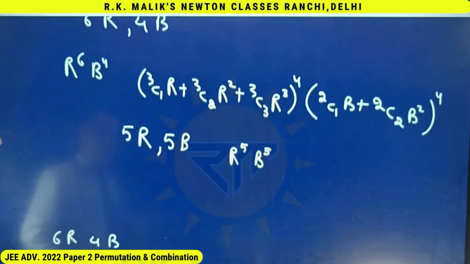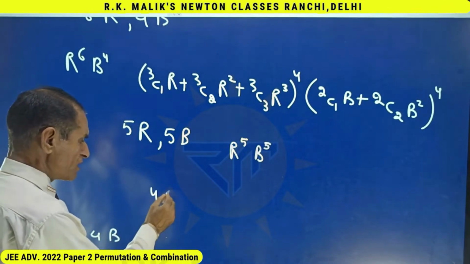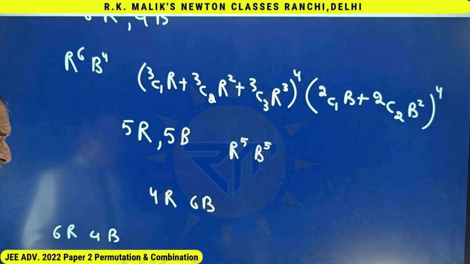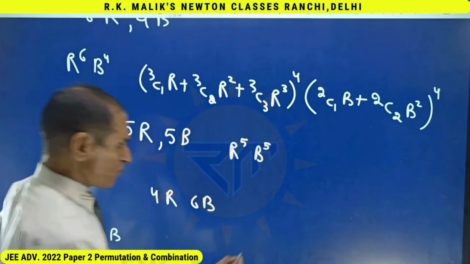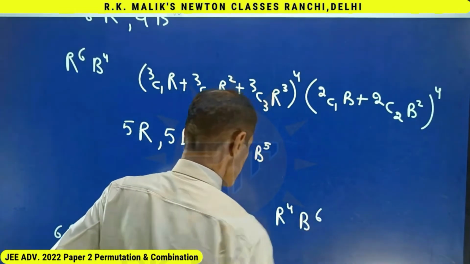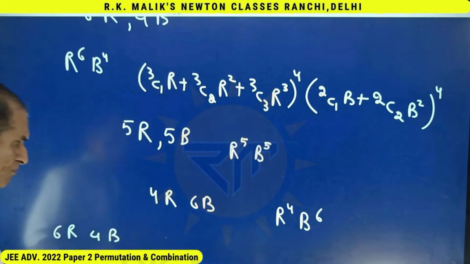And lastly, the number of ways of choosing 10 balls such that 4 red and 6 blue balls are there in the selected balls will be the coefficient of r to the power 4 into b to the power 6 in the expansion of the same.